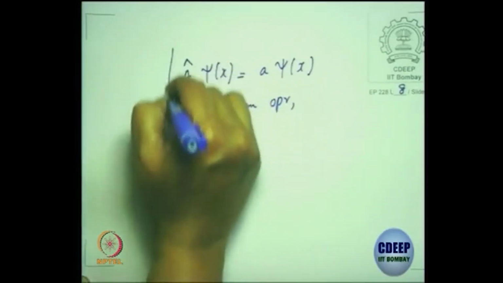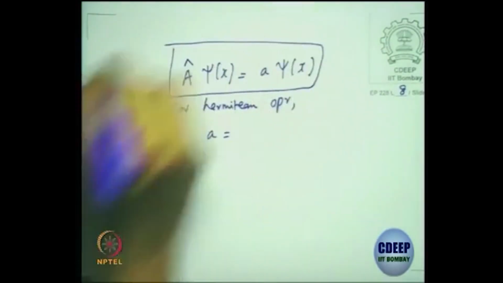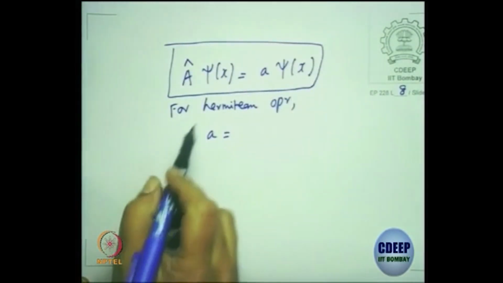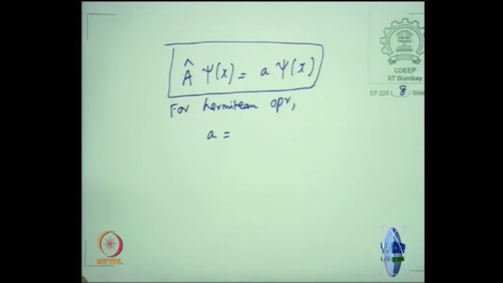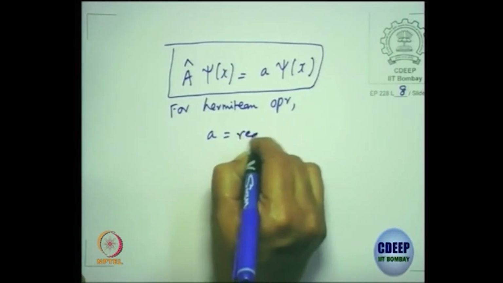This is an eigenvalue equation. If you want to call the operator A a Hermitian operator, then a has to be real.